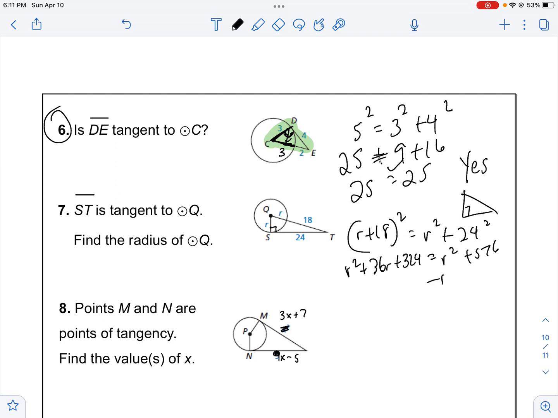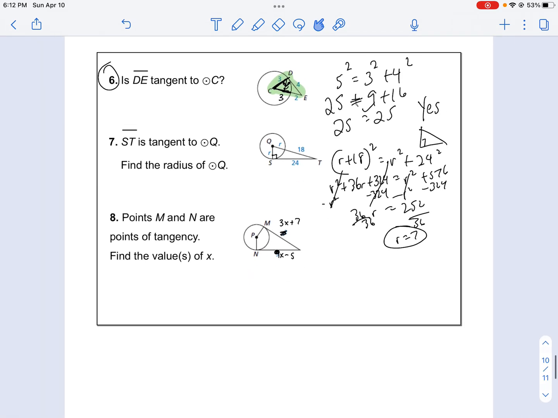And here we go. Get together all the stuff that's the same. And divide. 7.